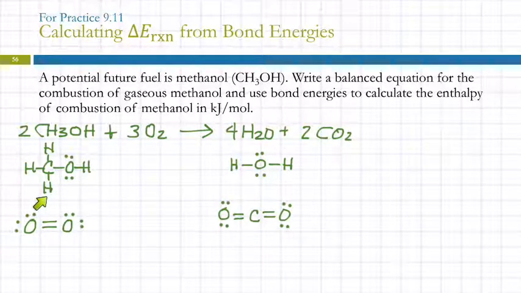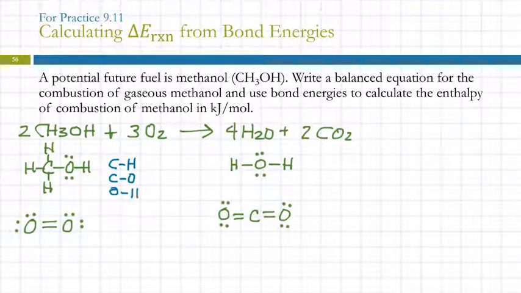So we're going to look at this molecule and identify what kind of bonds are there in that molecule. So there are carbon-hydrogen bonds, right? So we've got carbon-hydrogen, we've got carbon-oxygen, and what's the other one?